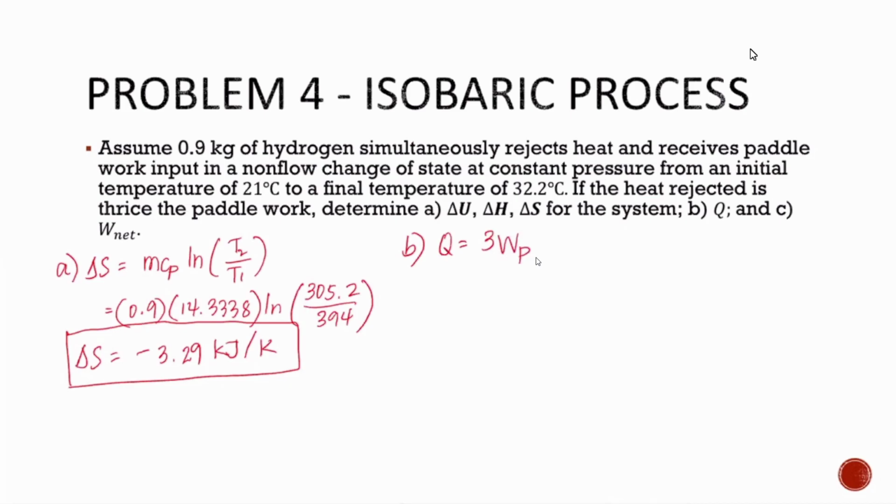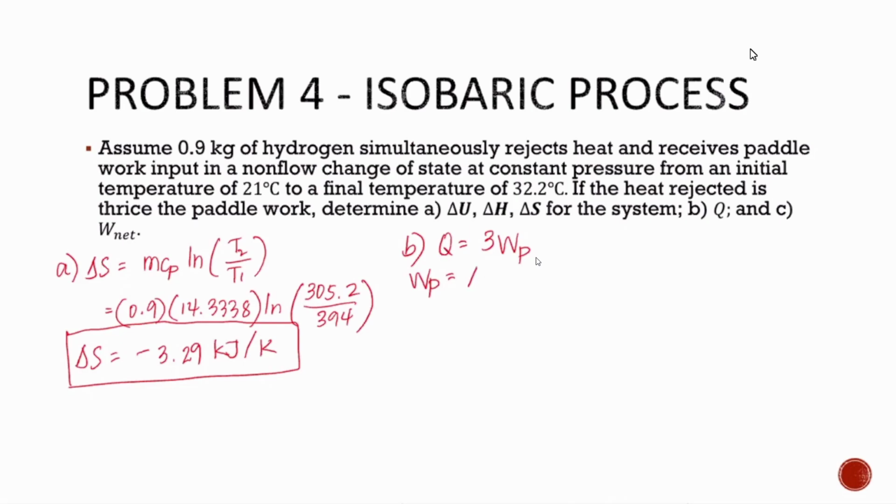However, given ba yung ating WP or the paddle work? Hindi. Determine muna. So our WP, so the paddle work means the totality or the summation of all the heat energy, lahat ng work.